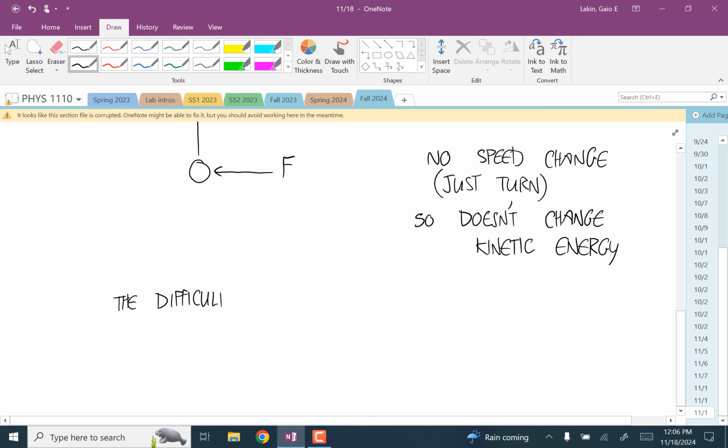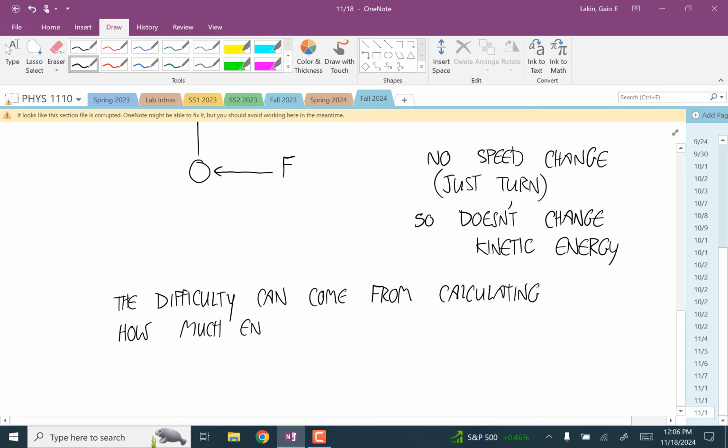So the difficulty can come from calculating how much energy is changed by a force.